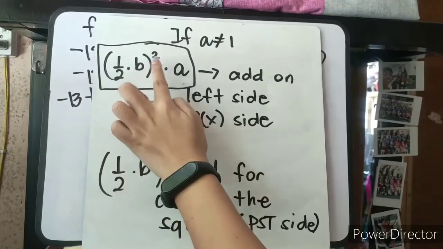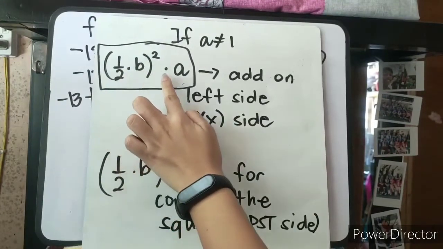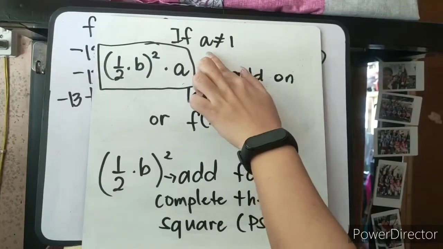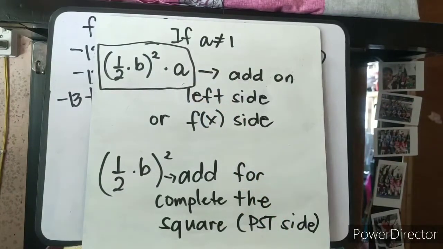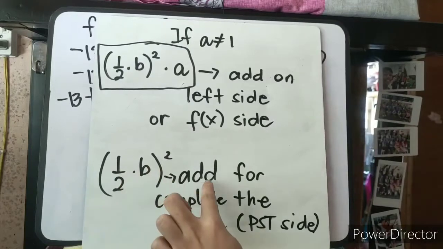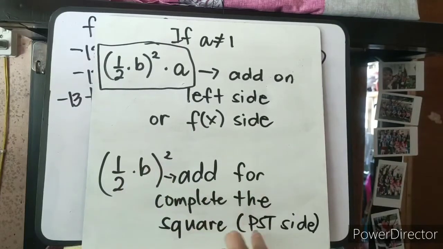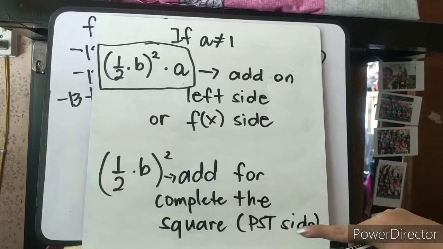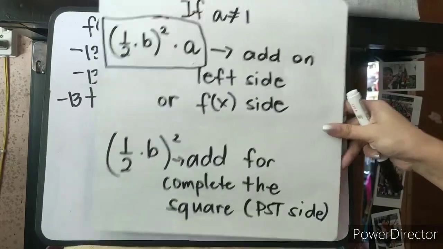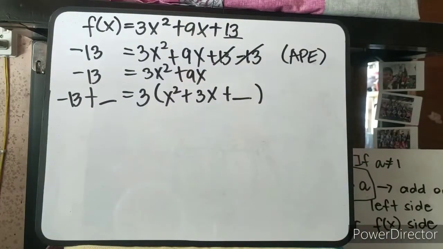So, we will be getting the square of the half of b, and then we will be multiplying it by our a. Remember, you will do this kapag ang a natin ay hindi equal sa 1. And then, pero, yung square of half of b, yun pa rin yung i-add natin para sa completing the square, para magkaroon tayo ng perfect square trinomial side. Okay? So, let's do it now.